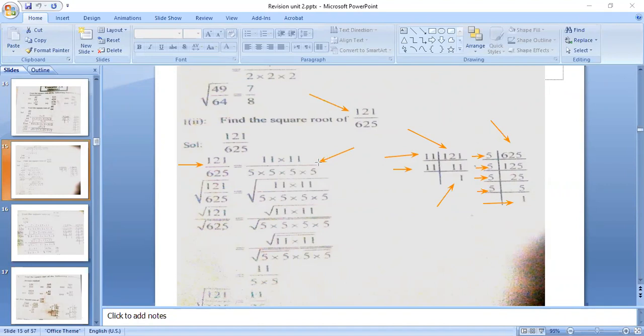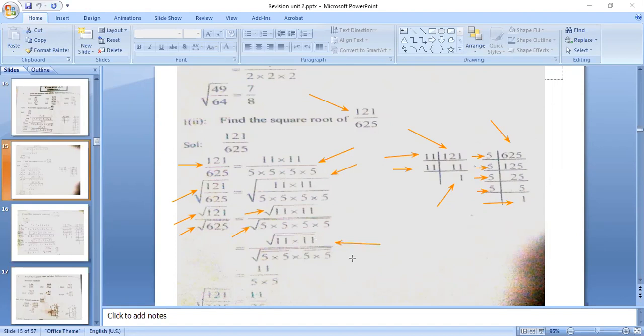Now we put the square root sign on both sides. Now we separate the square root of the numerator and the denominator. Now we make the pairs.